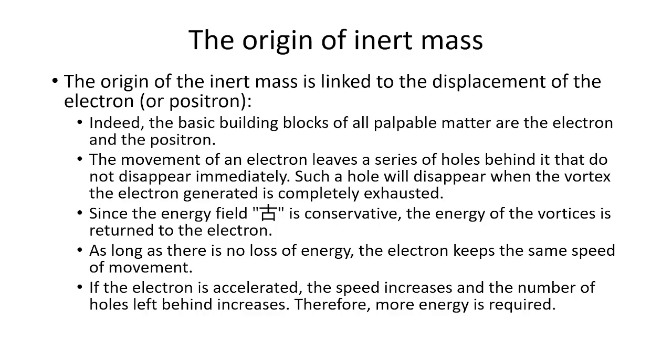The movement of an electron leaves a series of holes behind it that do not disappear immediately. Such a hole will disappear when the vortex the electron generated is completely exhausted.